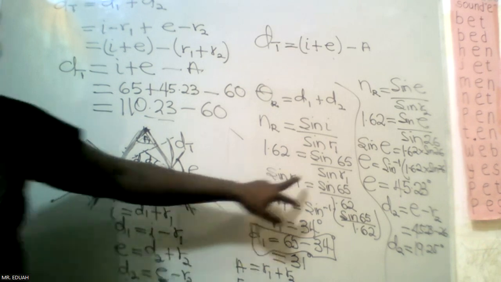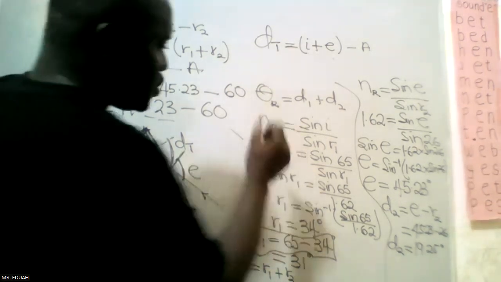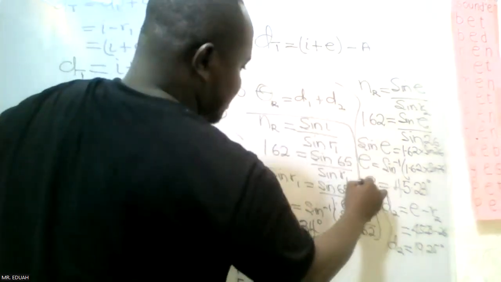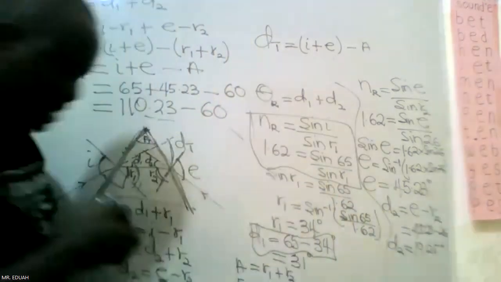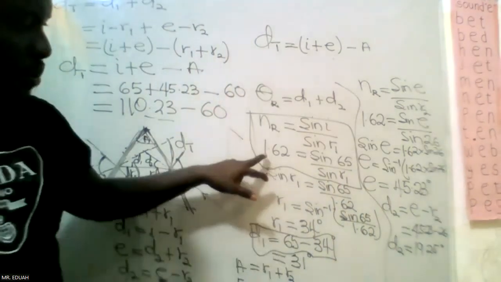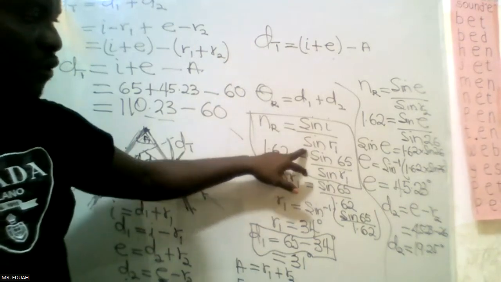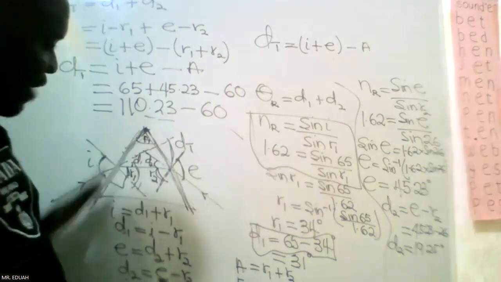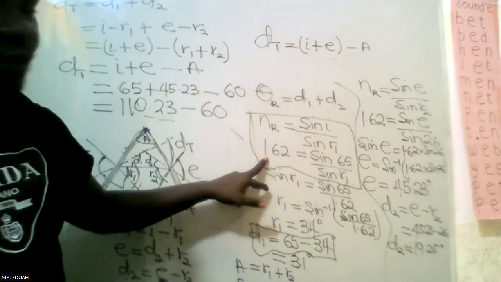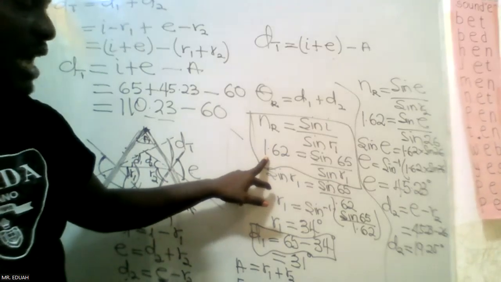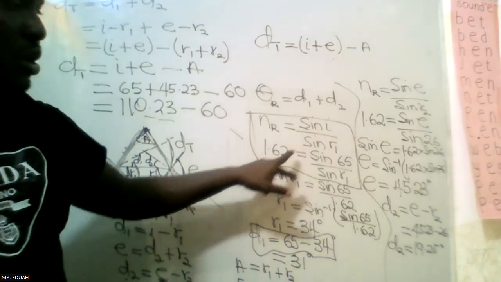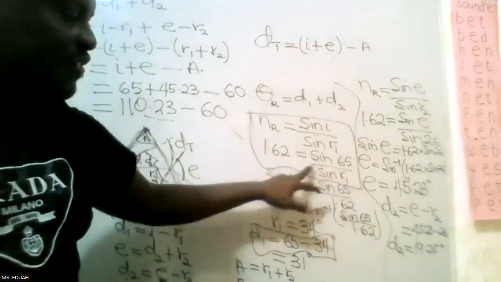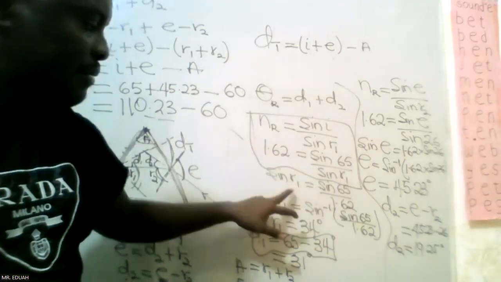We use Snell's law to find R1. So the refractive index of red light, 1.62, is equal to sine of 65 divided by sine of R1.